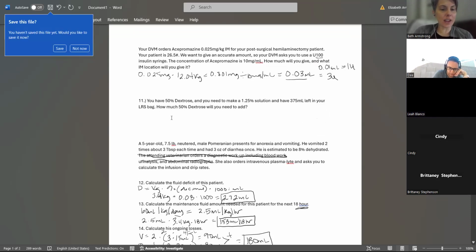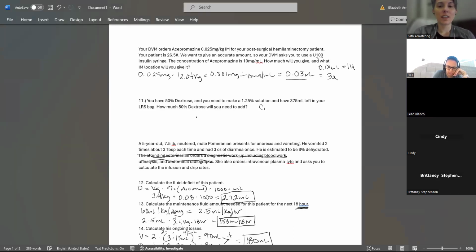And then, if we have a 50% dextrose, this is what I know a couple people wanted to go over. Our most infamous, C1V1 stuff, right? C1 times V1 equals C2 times V2.